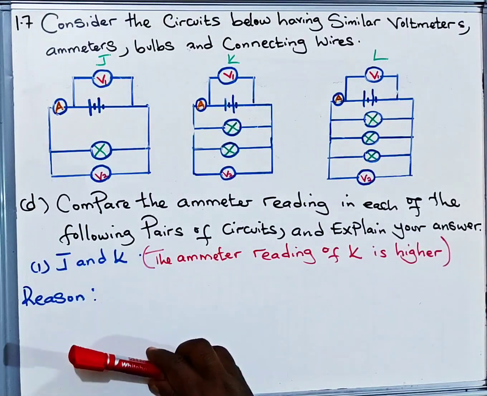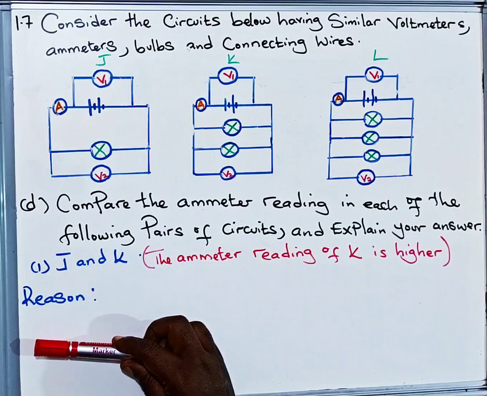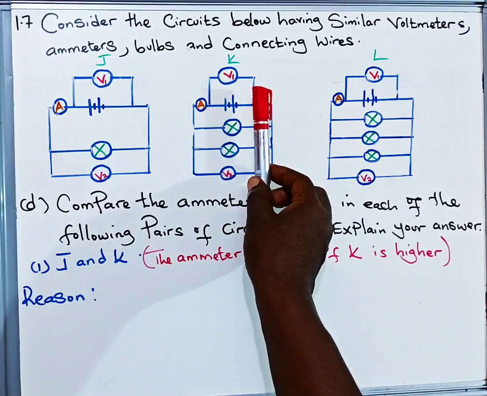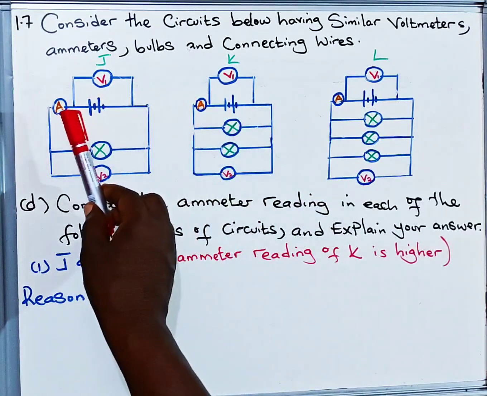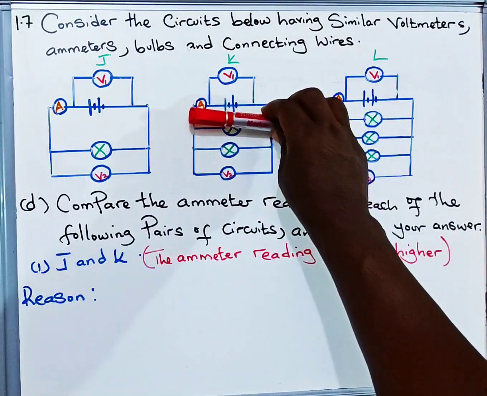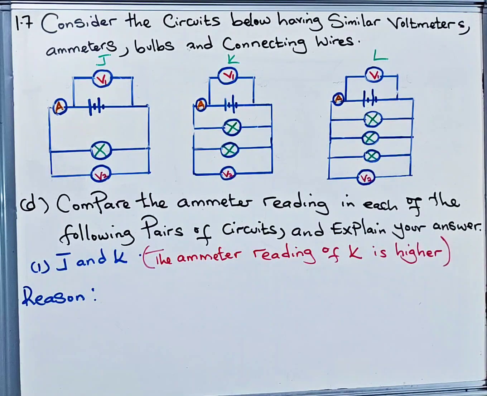Then we come to the reason. What reason are we going to give for the ammeter reading of K being higher than that of J? The answer is that K has low effective resistance.